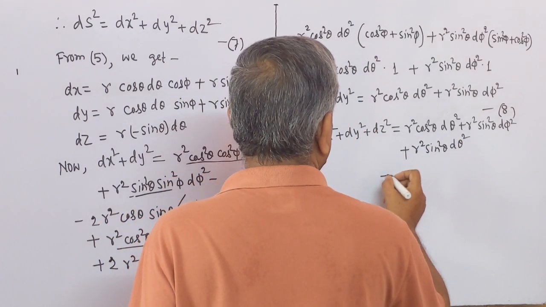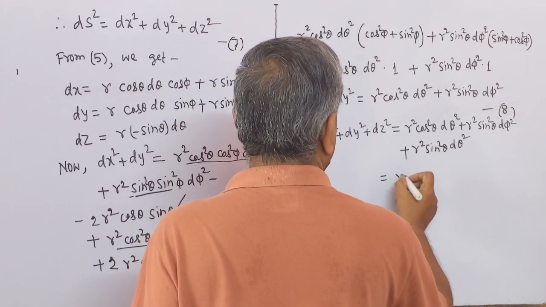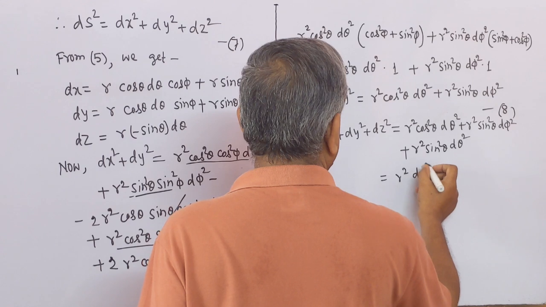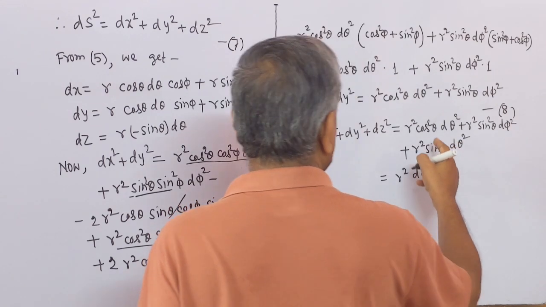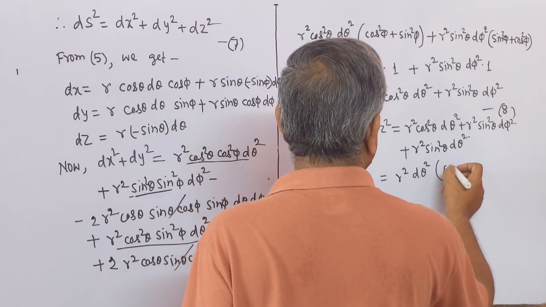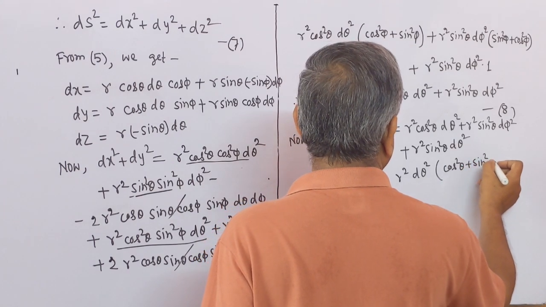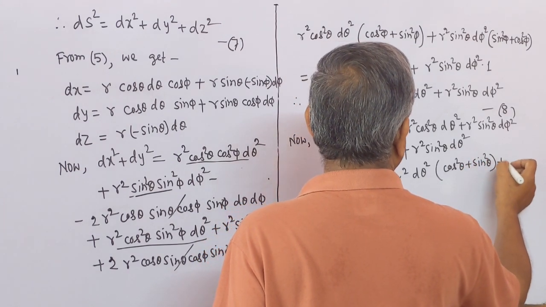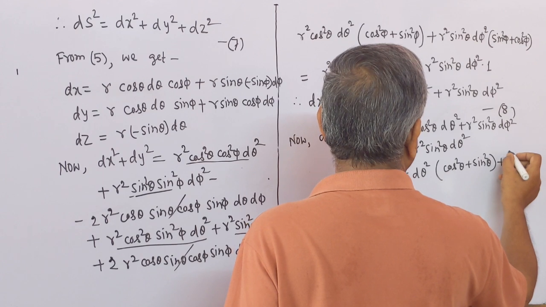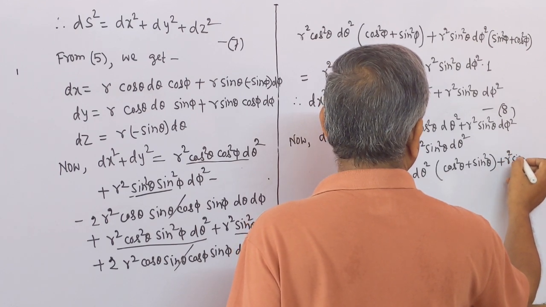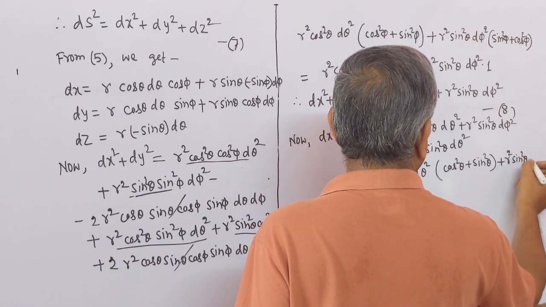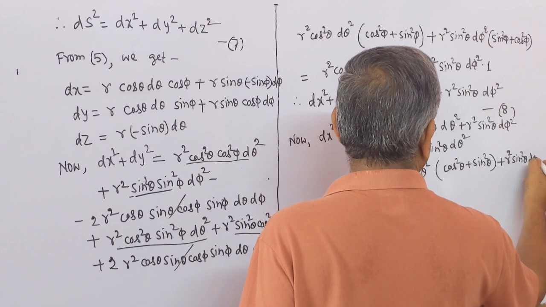Here we take common r square d theta square. Here remains cos square theta plus sin square theta, and here r square sin square theta d phi square.